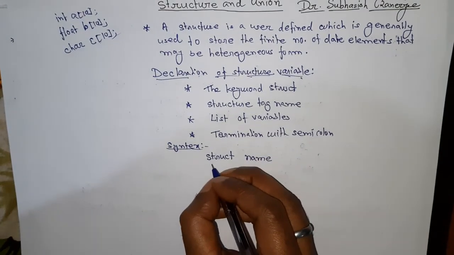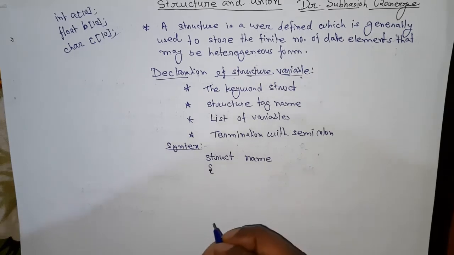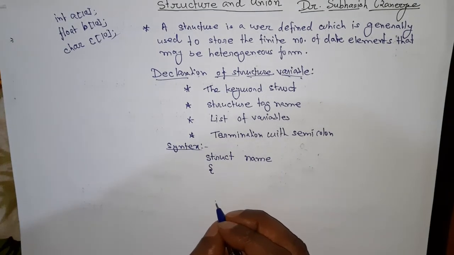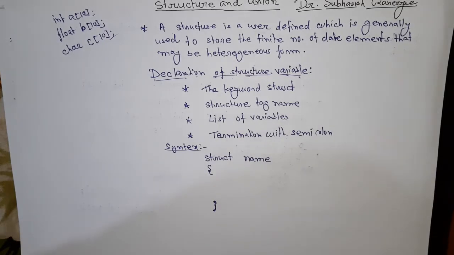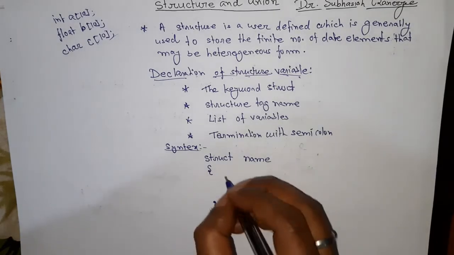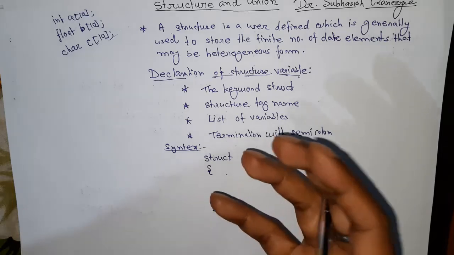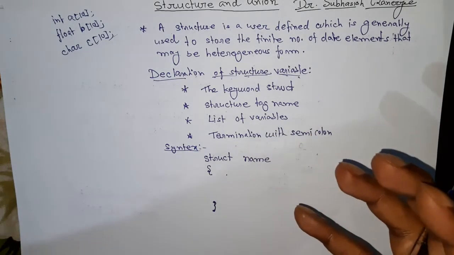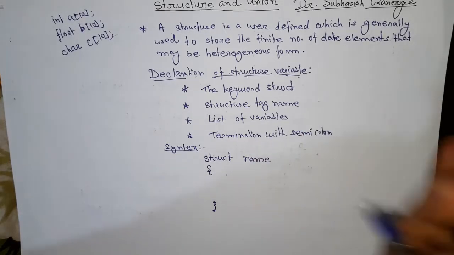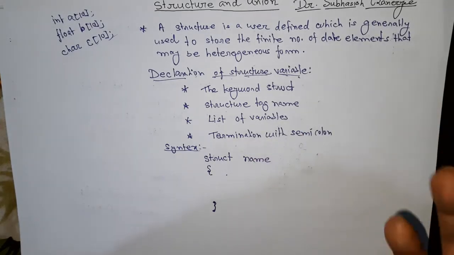Then you'll have to define the list of variables, and the list of variables must be defined inside these braces. Let's say I want to define a structure which may consist of a set of data elements which may or may not be the same, maybe homogeneous, maybe heterogeneous.